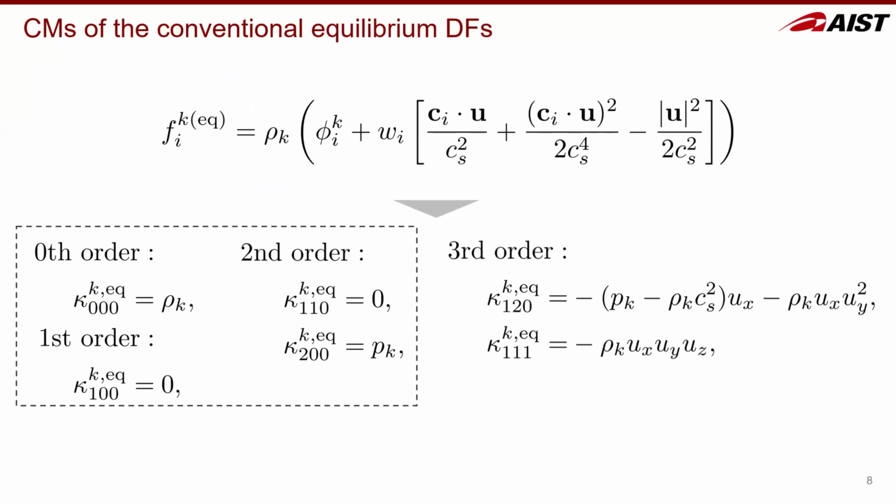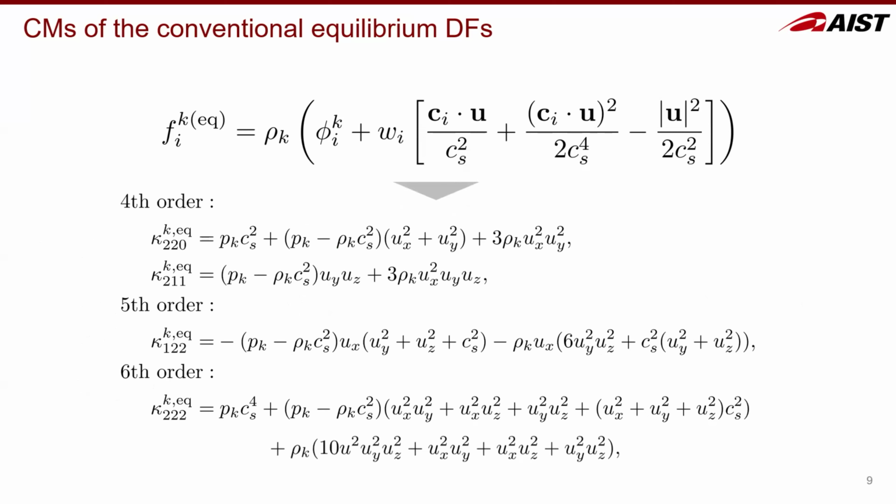Okay, then the original color gradient equilibrium DF is as shown here. We show the equilibrium central moments from now on. The 0th to 2nd are shown like this, and we focus on the 3rd and higher order moments from now on. By using the equilibrium DFs, the 3rd and higher moments can be shown here.